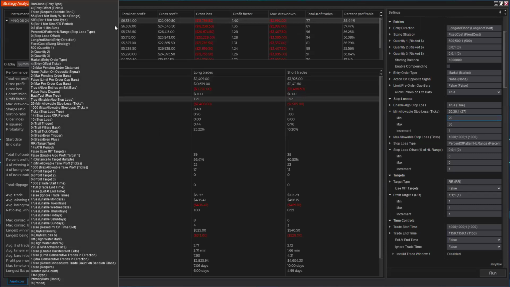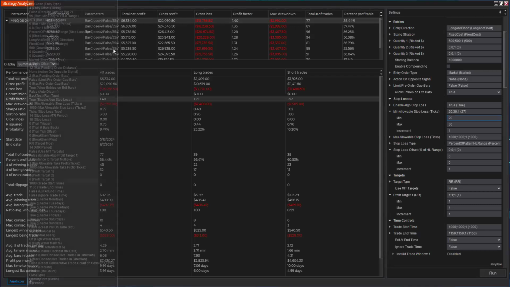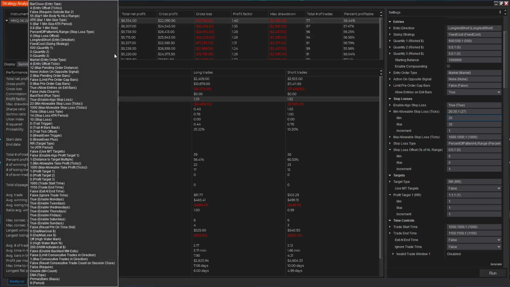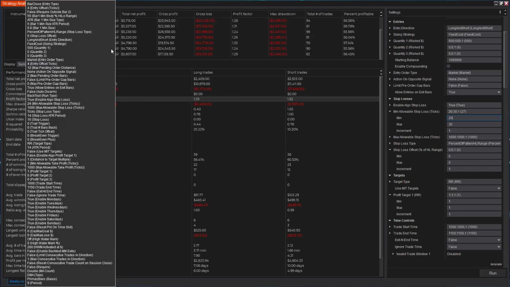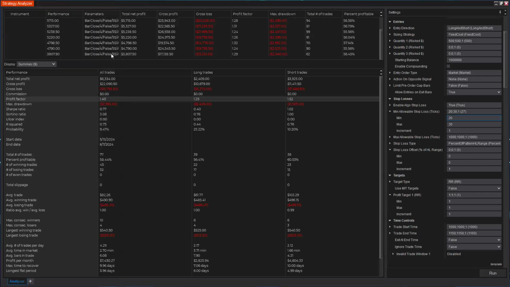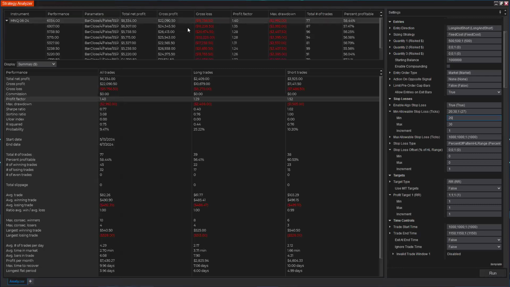Let's see what these other ones look like. 25, 21, 22, 26. So all of these are less than 27, which tells me that really 27 is the number. 30 was 62 trades versus 77. So we're starting to cut out some decent trades by doing that. So let's keep it to 27. It's a good number.